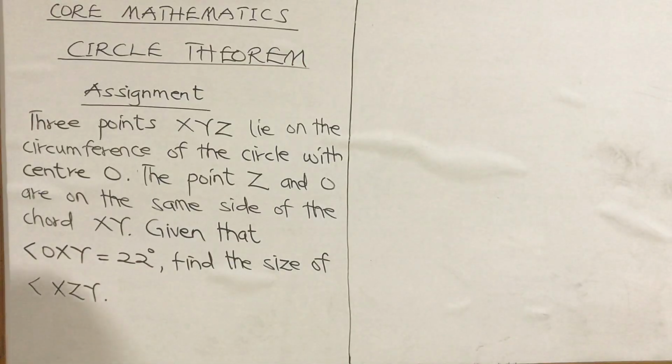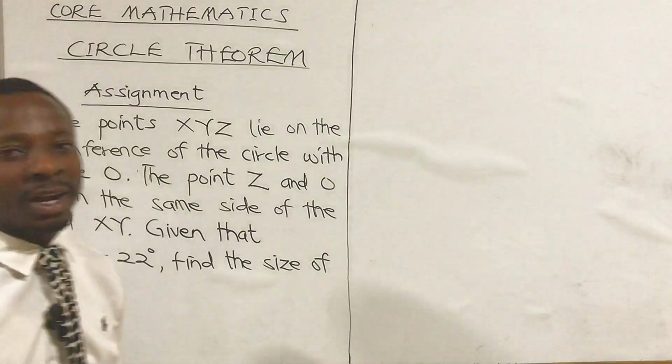So given that OXY is equal to 22 degrees, find the size of angle XZY.